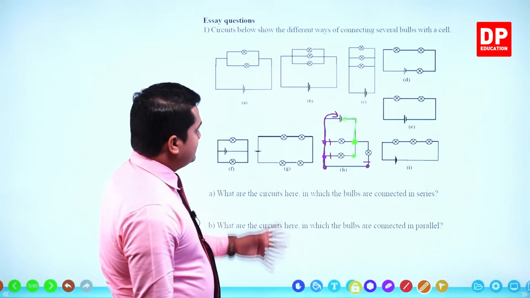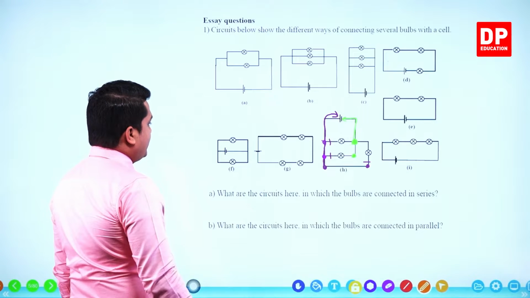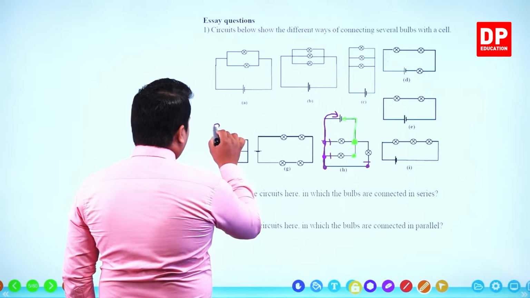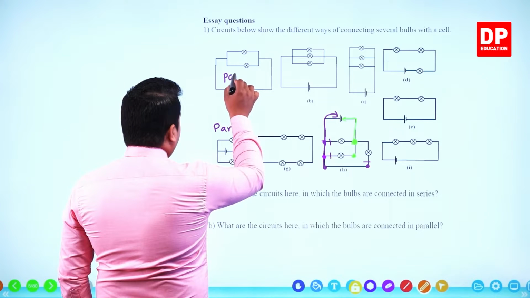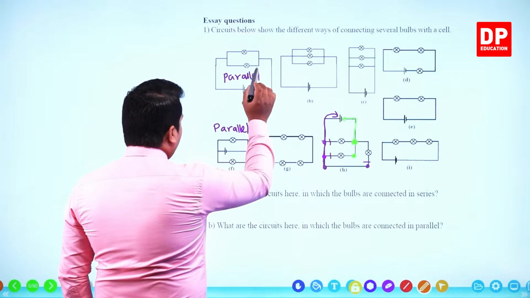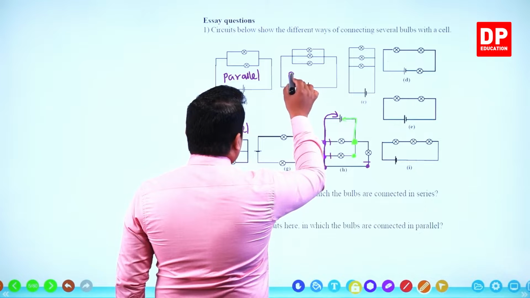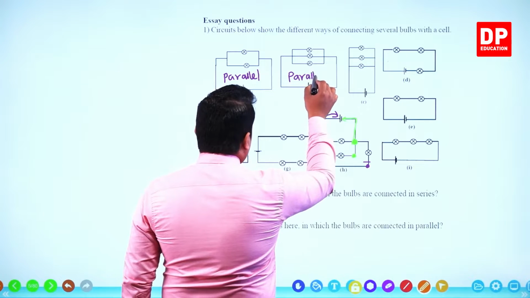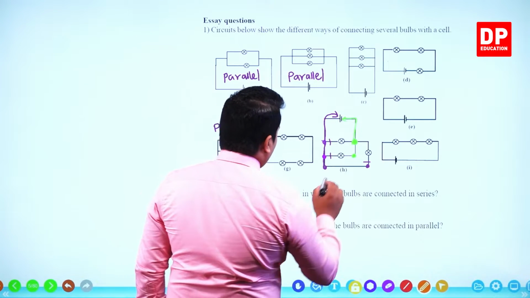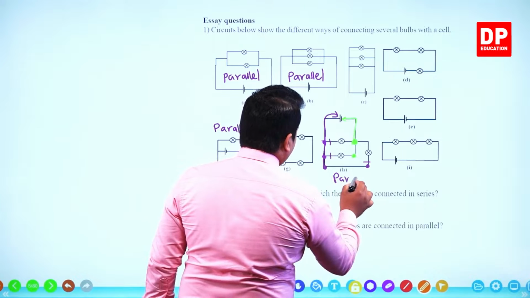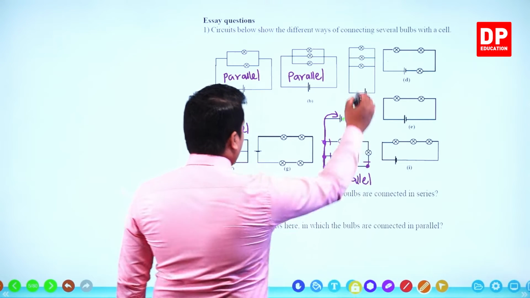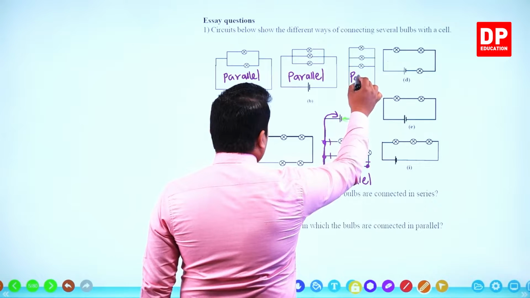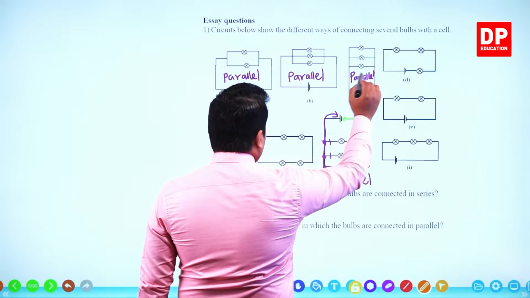So others are very simple and very easy to identify. This is parallel, and parallel. And this one also parallel, right?